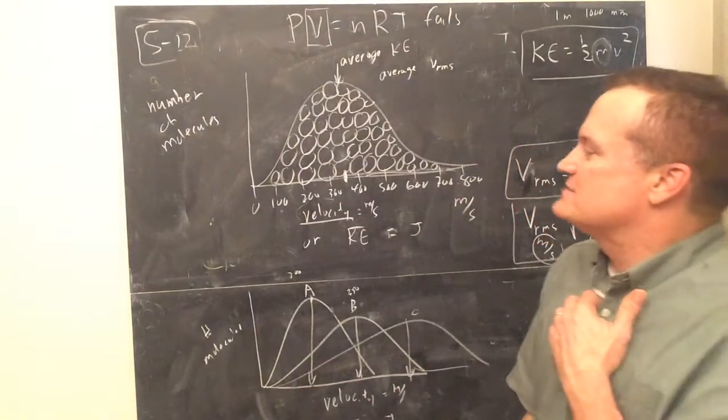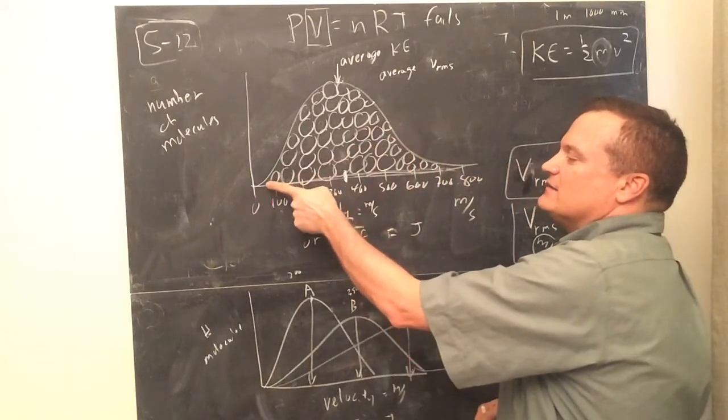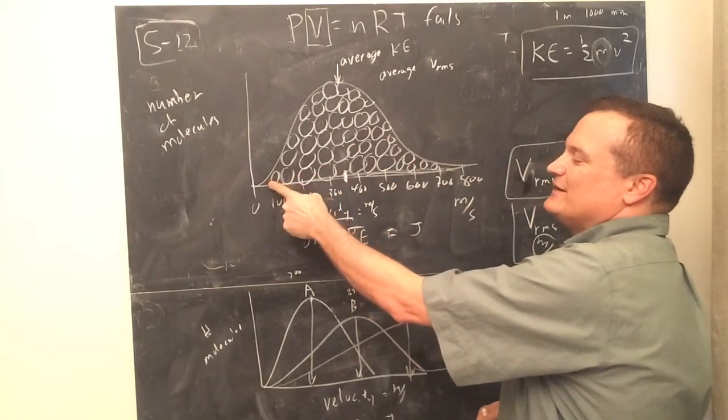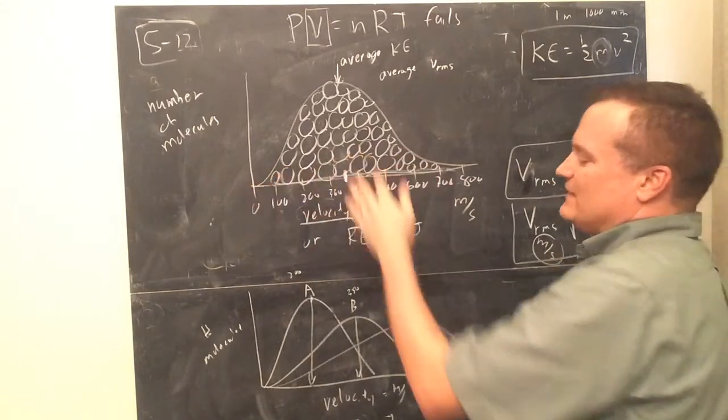It's because for molecules there's a limit. You can't go slower than 0, or nearly not moving. So there's a slow limit this way that you're always stuck with.